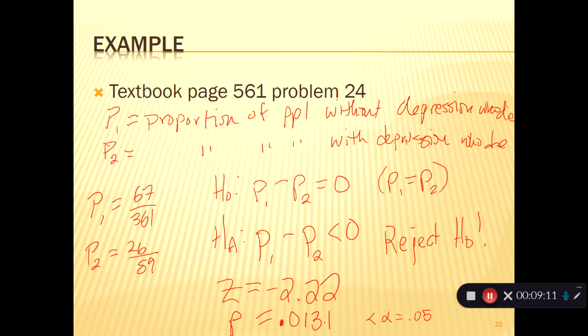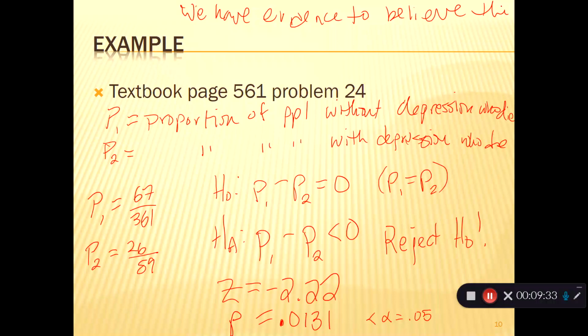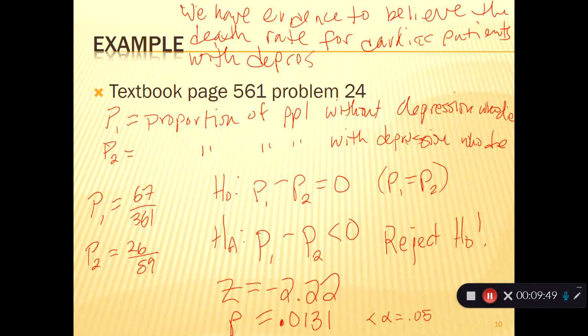Once we reject the null hypothesis, that's rejecting the statement that the 2 proportions are equal, we would say we have evidence to believe the death rate for people with depression, or cardiac patients with depression, who die within 4 years.